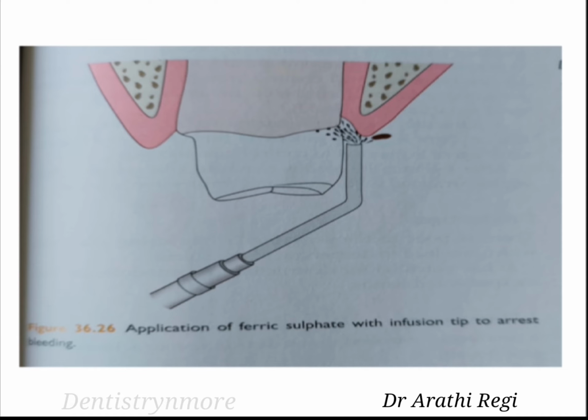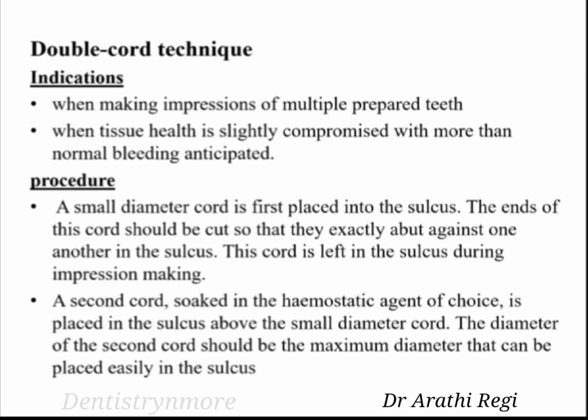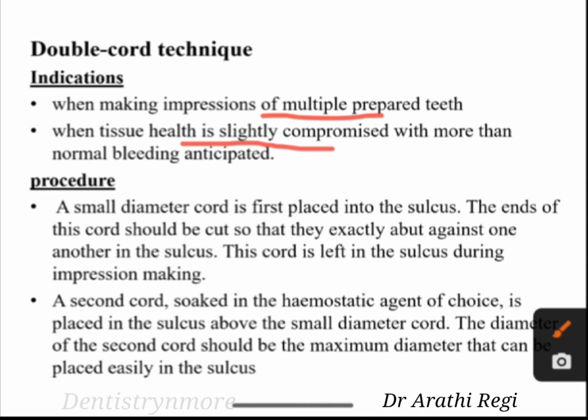So this covers the single cord technique, whereas the double cord technique is similar to the single cord but is commonly used to make impressions of multiple prepared teeth, and when the tissue health is slightly compromised with more than normal bleeding.